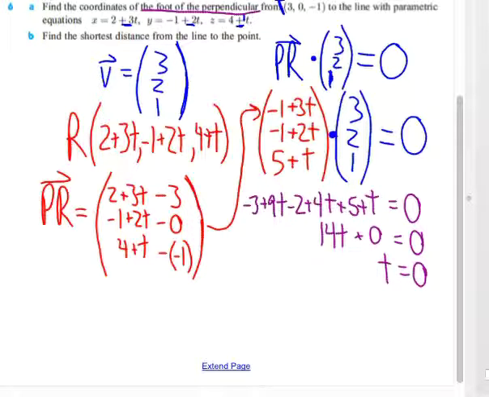Alright? So R is this point, and if t equals 0, that means our point R is what point? Negative 1, 4. Yeah, the starting point, 2, negative 1, 4. Okay?